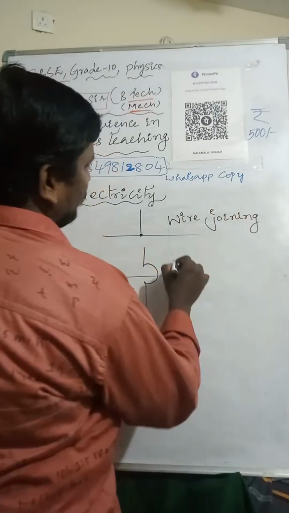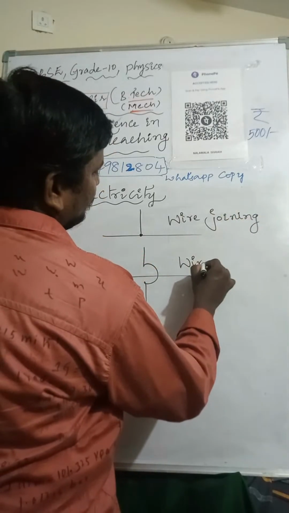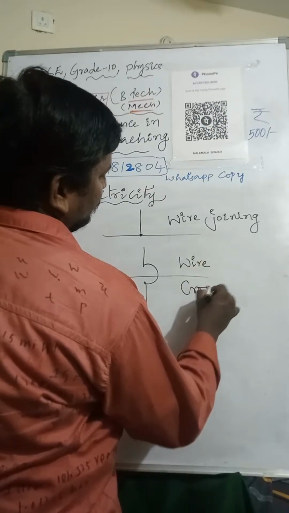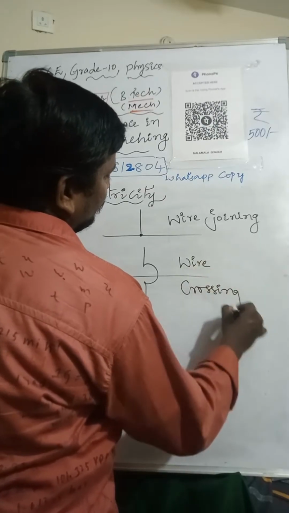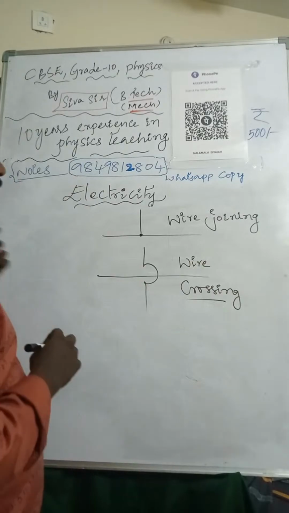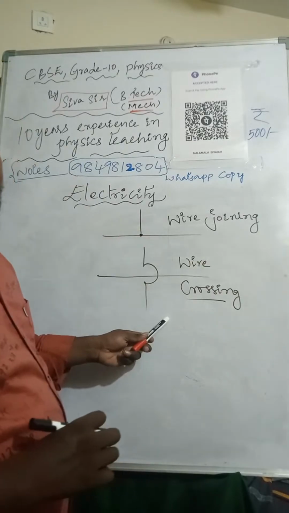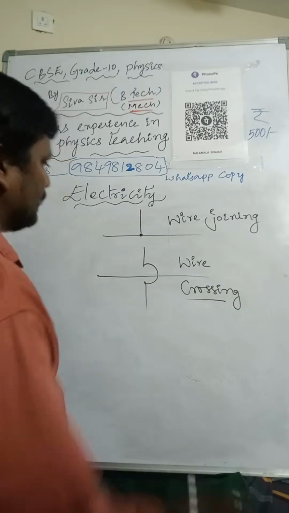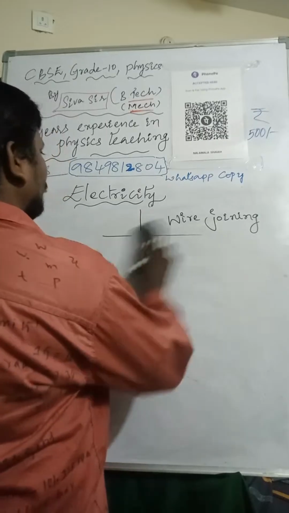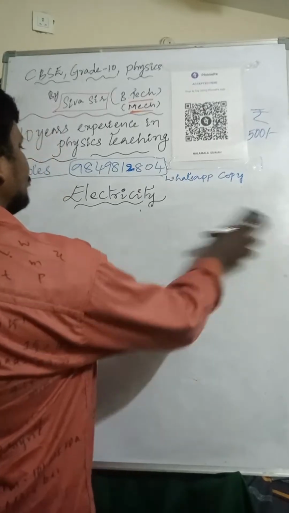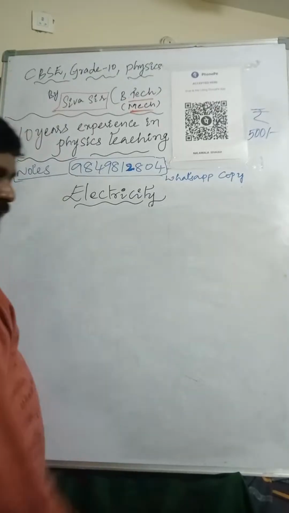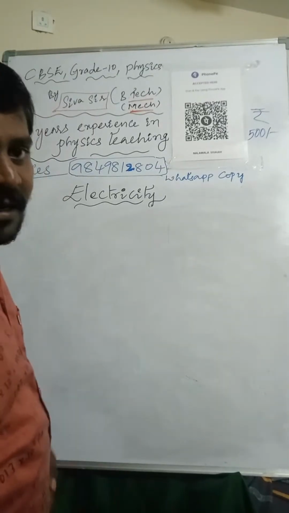Is it clear? So these are the electrical equipments, electrical appliances.